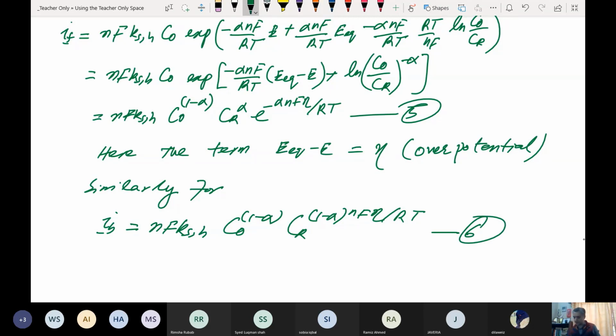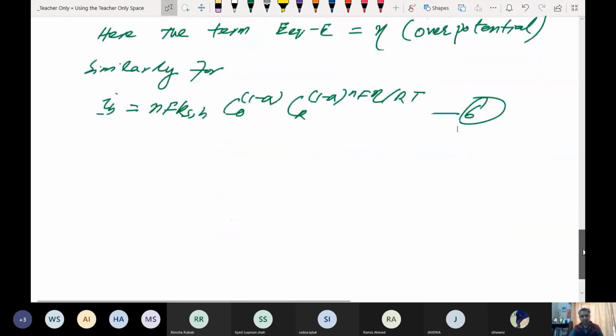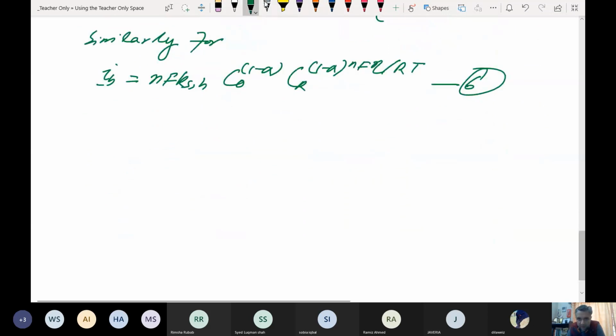So let us consider a situation in which we are looking at equilibrium. So we say that at equilibrium we already know that I net is equal to 0.